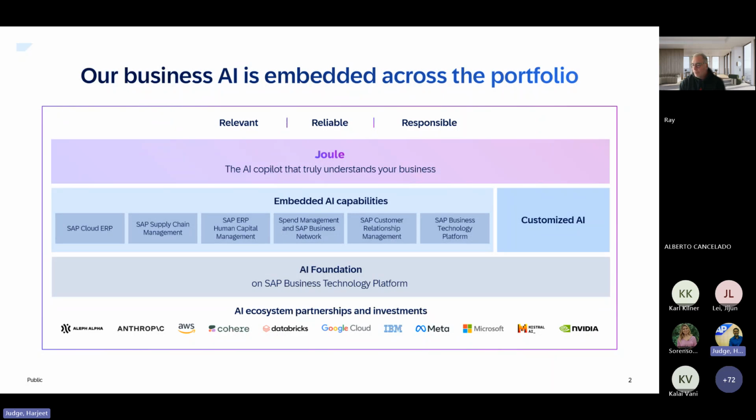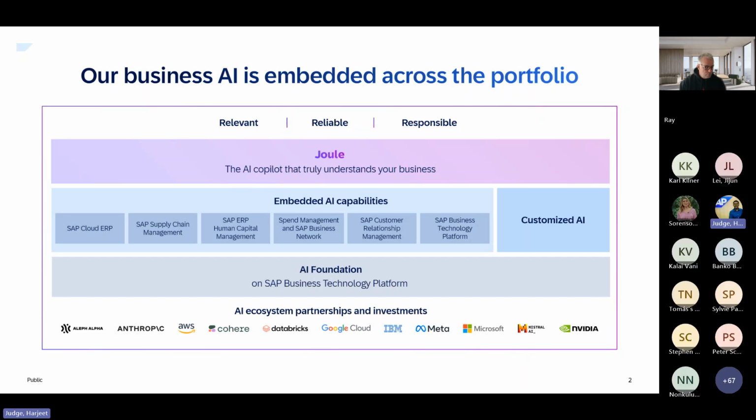The AI foundation provides developers the opportunity to build AI-enabled applications in the BTP environment that are grounded in business data. So we have our own framework for interfacing with the large language models that are provided by these third-party companies.